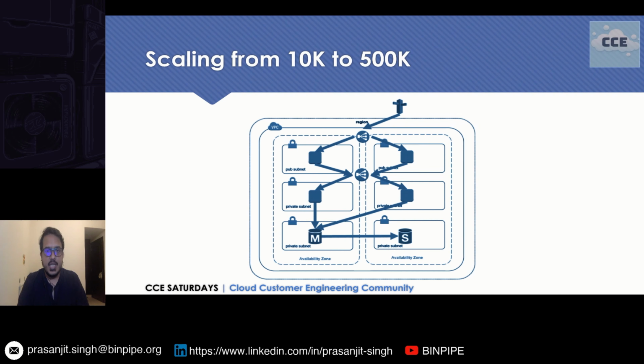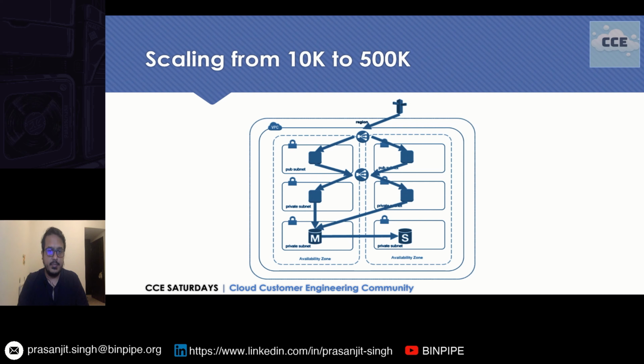Well, coming to this diagram, you might be wondering what this is. Here, it's just a representation of how our architecture will look. We are scaling up our virtual machines, and to maintain high availability, we are scaling it over various subnets in different AZs.